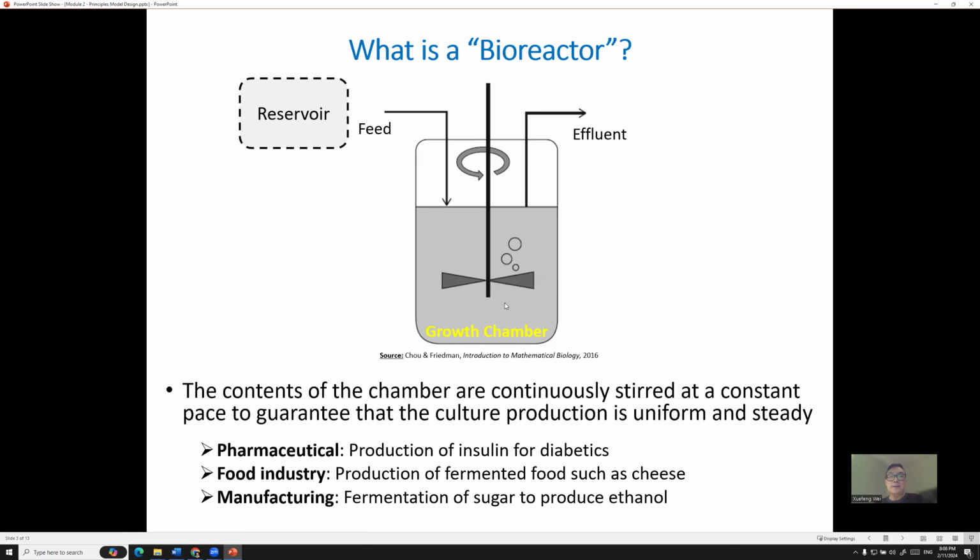The constraints considered so far, such as the constant supply of nutrients, therefore the constant influx rate, the constant output flow rate, what we call the effluence rate, the uniform distribution of mass, and the continuous stirring, meet the physical usage of bioreactors in pharmaceutical and manufacturing industries. For example, in the pharmaceutical industry, the production of insulin for diabetic treatment.